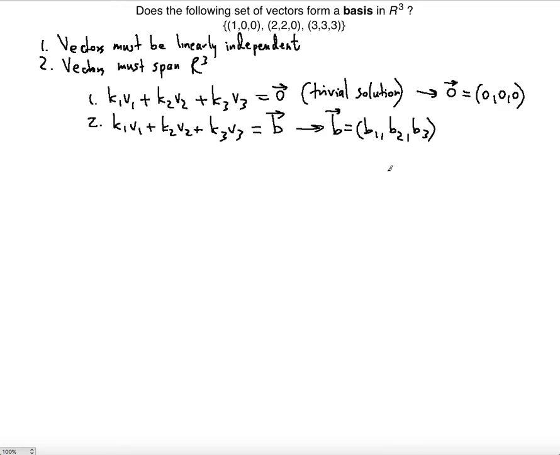So let's see, what does the first equation tell us? We can formulate a system of linear equations by using the first condition, the vector equation, which means we will have k1 multiplied by the three components.